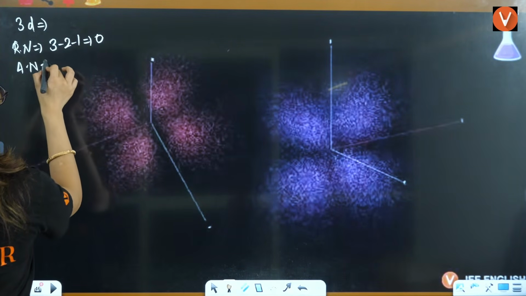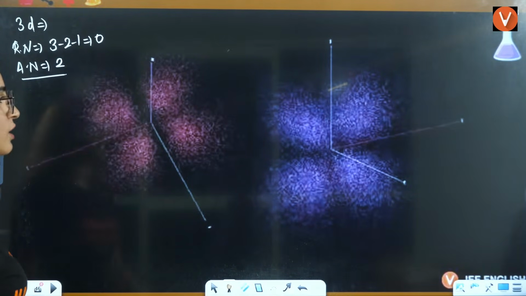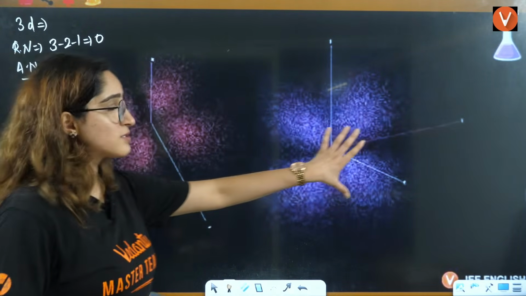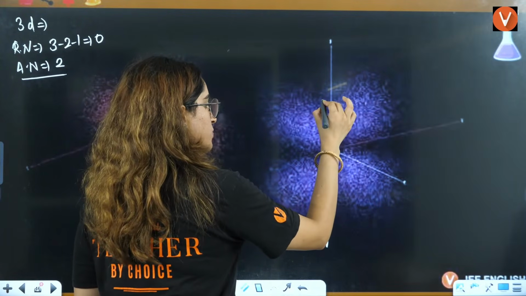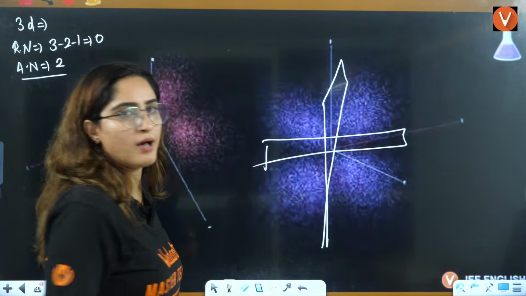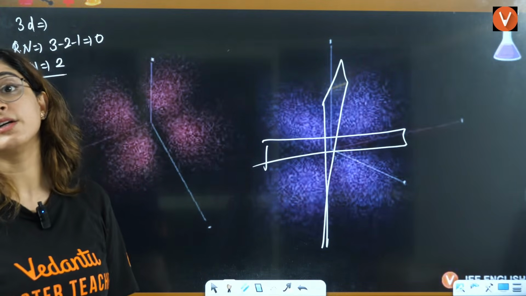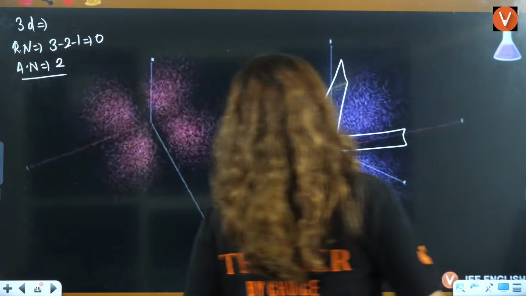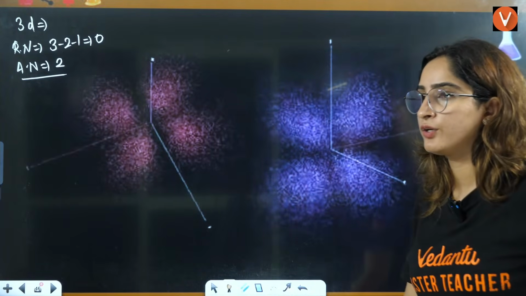Angular node is equal to 2. So here you will see two angular nodes, two planes. This is a better picture to show that. This is the first plane that you can pass. This is the second plane that you can pass. One will cut like this, other will cut like this. These are the two angular nodes in D that you will have, and D will not have any radial.